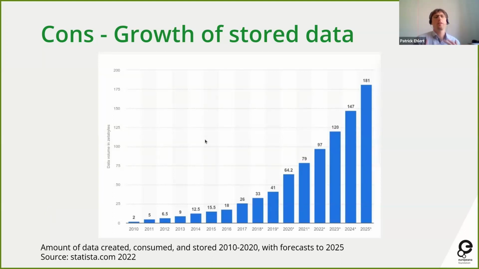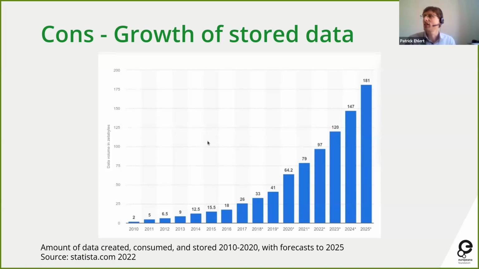Yeah, that's net usage from sending email, but you also have stored data, and you see a similar trend there, or maybe even a worse trend. Here's a graph that shows the amount of data that is being stored up until 2020, and the rest is, well, projections, forecasts.